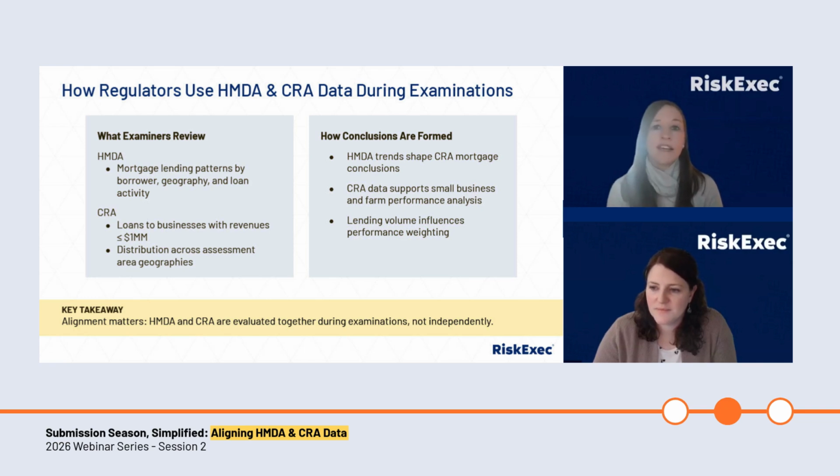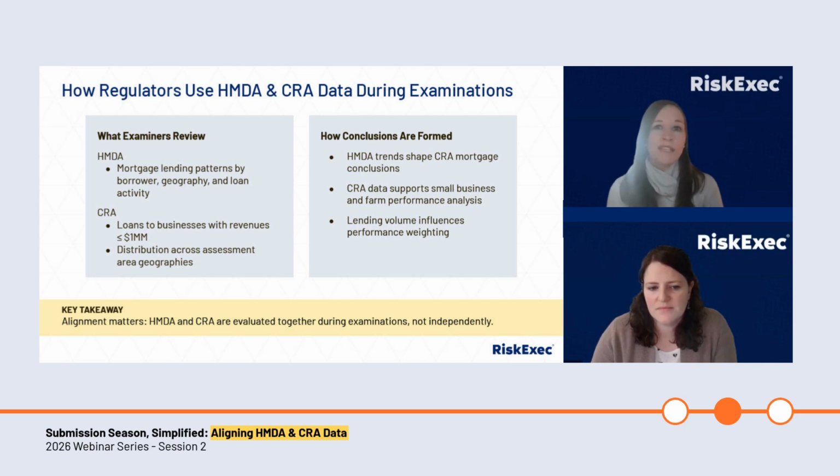If home mortgage lending is a greater volume, similarly, that's what's going to drive the evaluation conclusions. You'll see this typically play out in the narrative of the performance evaluation, but it's always good to know what your volumes look like overall, because that's going to help you understand how the exam is going to shake out for your conclusions.